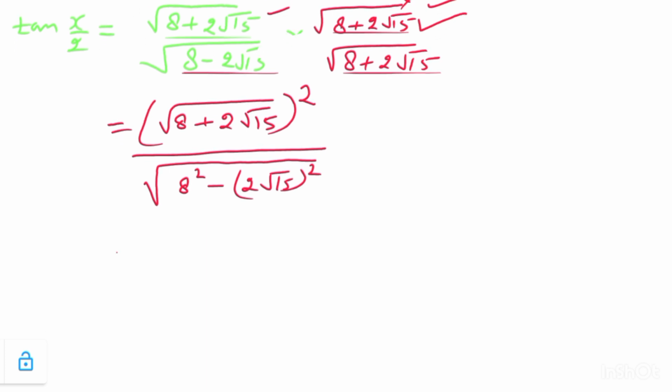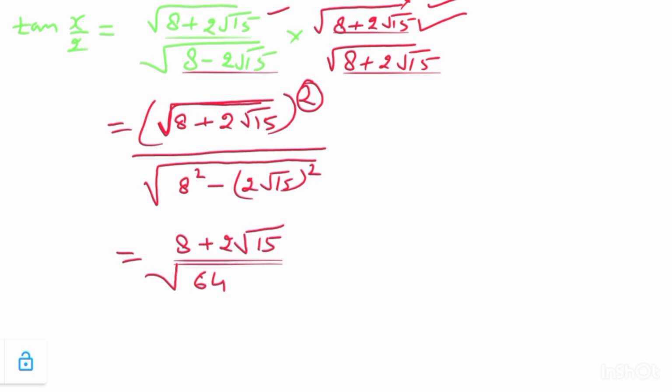The square root and the square cancel, so the square root will disappear. So this will be 8 plus 2 square root of 15 upon square root of 64 minus 2 square, which is 4, and square root 15 square is 15.